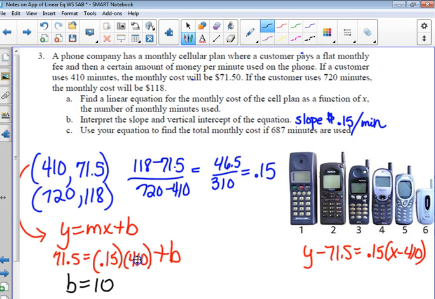These two multiplied to make $61.50. So then when you subtract, you get 10 is B. Okay. So what does that mean? The B value is 10 what? $10, which is what they called the flat fee.